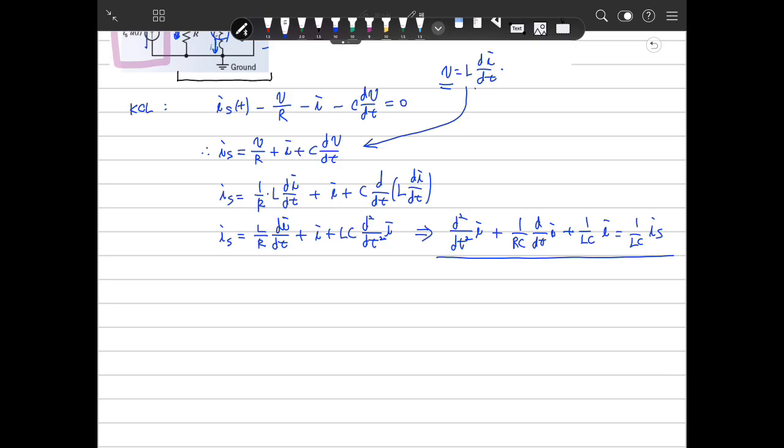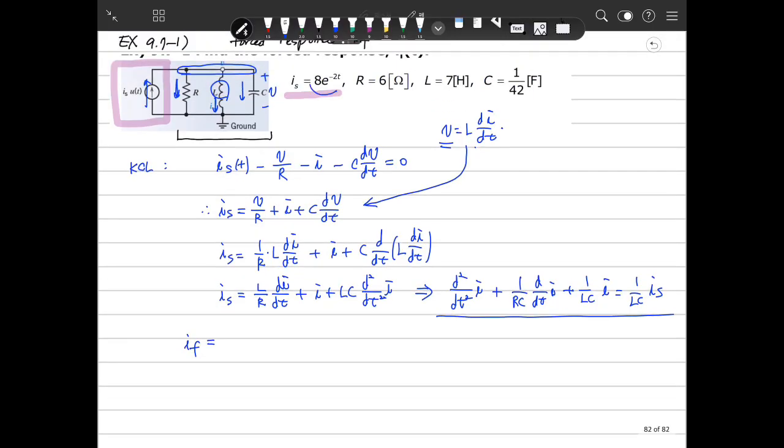To find i_F, the general form is exponential because the input is an exponential form. So we can use an exponential, and when you apply the same form, you can adapt the variables. So we use e to the minus 2t here.